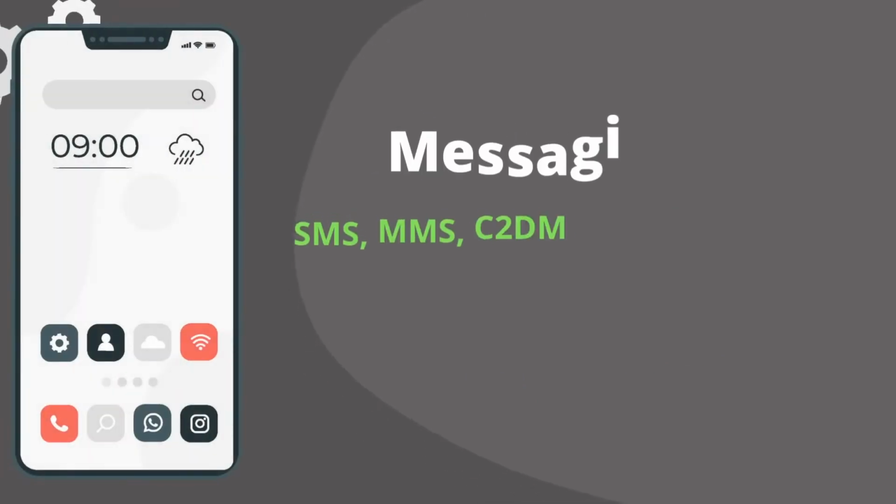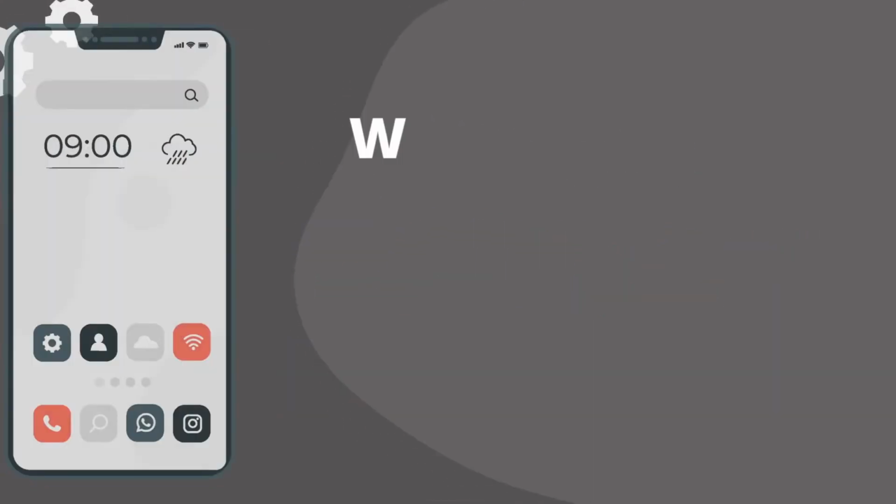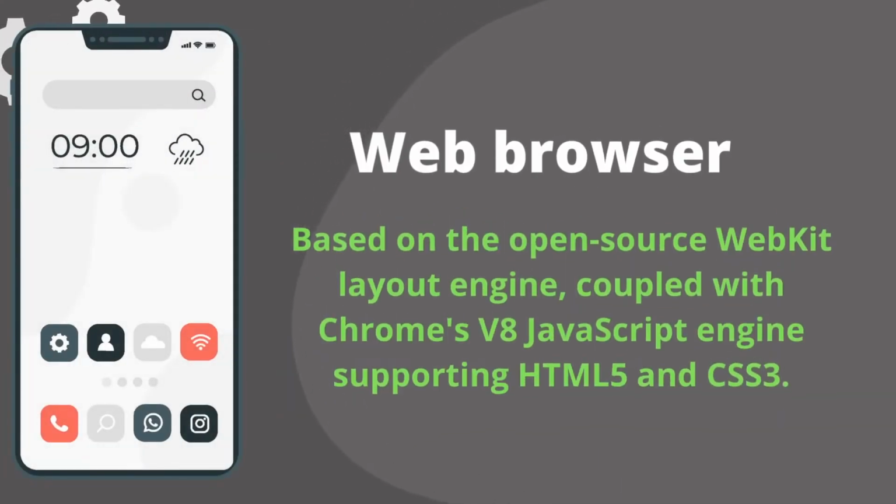The next is messaging, such as SMS, MMS, C2DM, which is Cloud to Device Messaging, and GCM, which is Google Cloud Messaging. The web browser in Android is based on the open-source WebKit layout engine, coupled with Chrome version 8 JavaScript engine supporting HTML5 and CSS3.